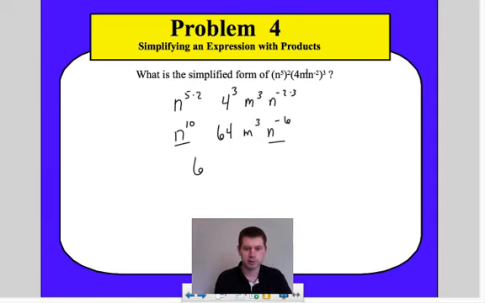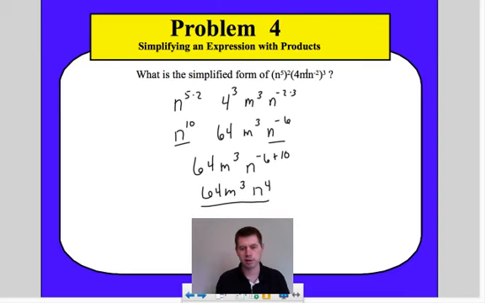So what I can do is I can make this 64 m cubed, and now what I need to do is actually add the exponents, and the order doesn't really matter. You can do 10 plus a negative 6, but I get m cubed and n to the positive 4. No negative exponents, so I'm done. There would be my final answer for that one.